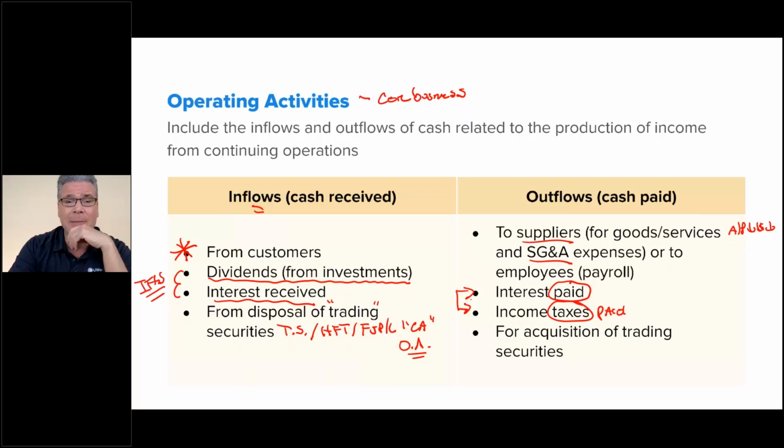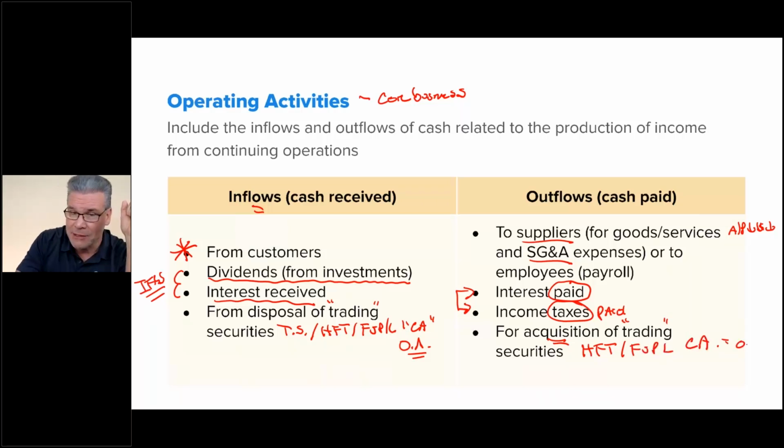Interest paid is always an operating outflow, whether you're a bank or not. Taxes paid, I don't care what kind of tax it is, income tax, sales tax, real estate tax, operating outflow, all righty? And then when you buy trading securities, also known as held for trading or fair value through P&L, so long as it's listed as a current asset, it's an operating asset.